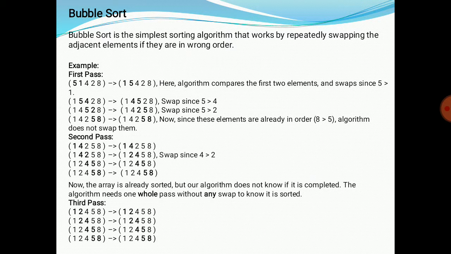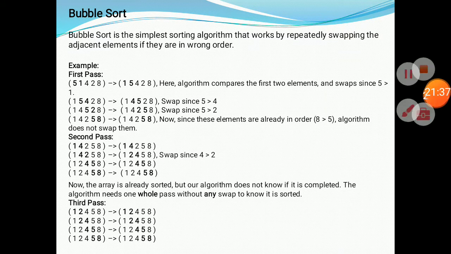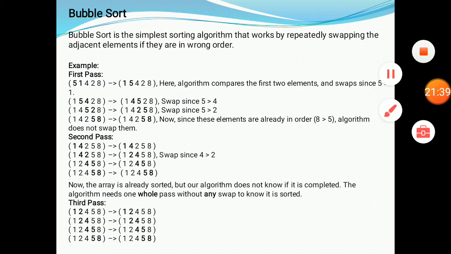The algorithm will perform the whole pass without any swap to find out that the array is already sorted from this point. So in this way the bubble sort works, and finally the list will be arranged in ascending order of their weights.